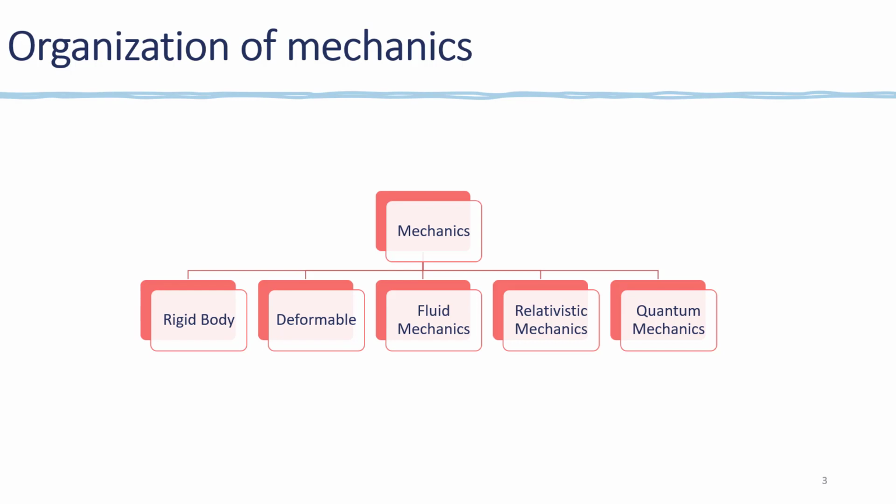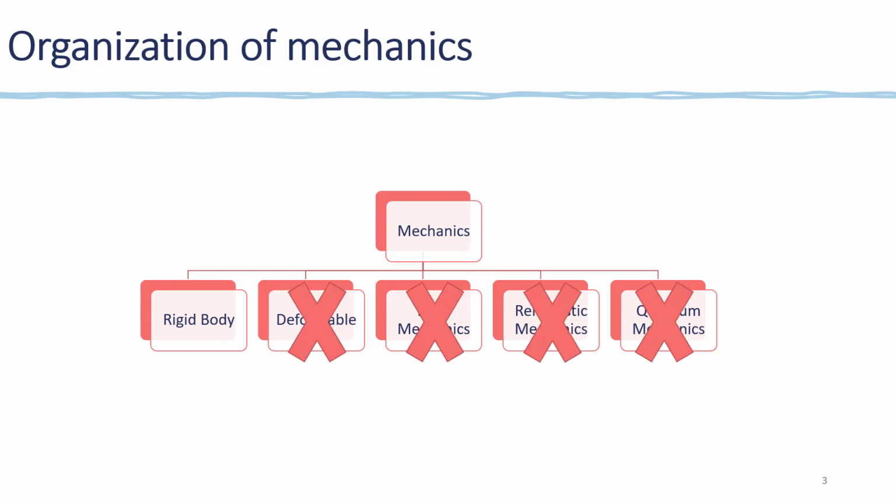So mechanics can be divided into several branches, as we can see here. But rigid body mechanics is best suited for describing and explaining the general or the overall movements of humans and different equipment in sports and exercise. So this is the focus of mechanics for us as biomechanists and as kinesiologists.